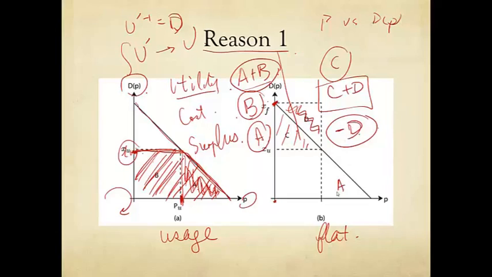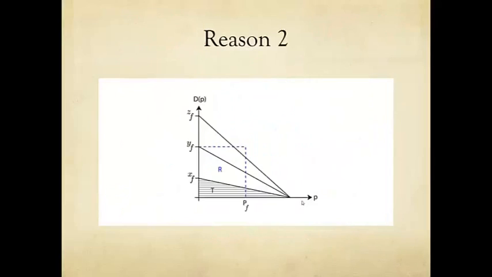And therefore, even the net surplus becomes negative as you switch from usage to flat in this comparison. So that's reason number one, that flat rate pricing leads to less surplus because it sends the wrong pricing signal to consumers.